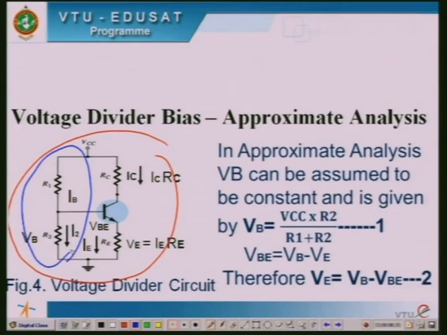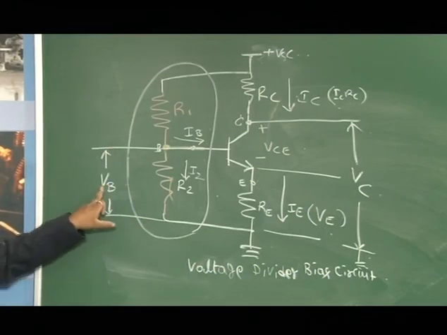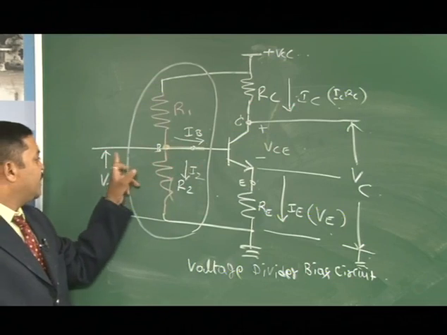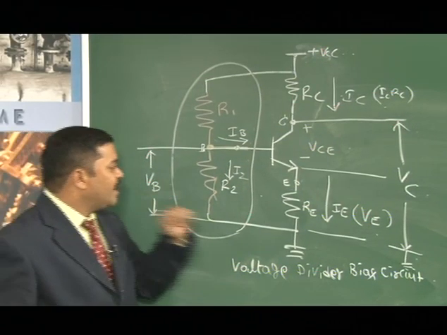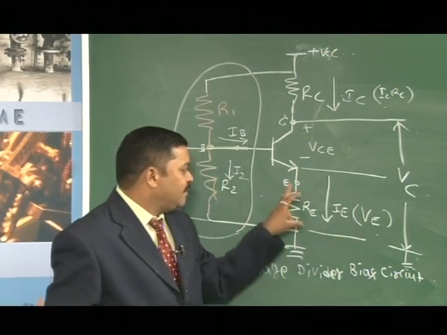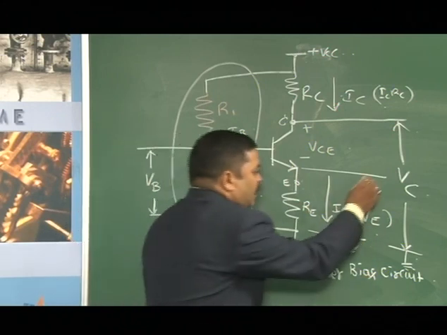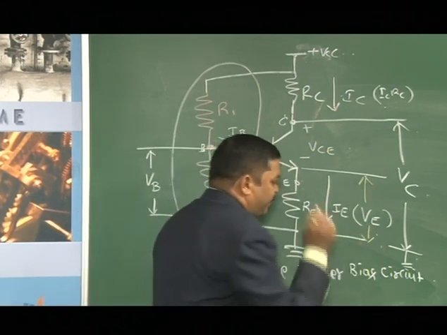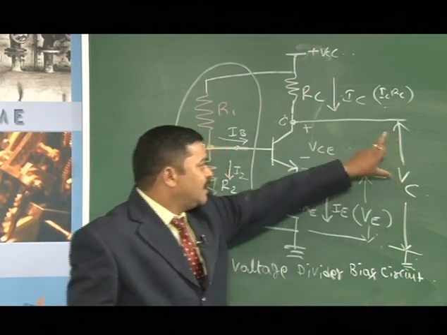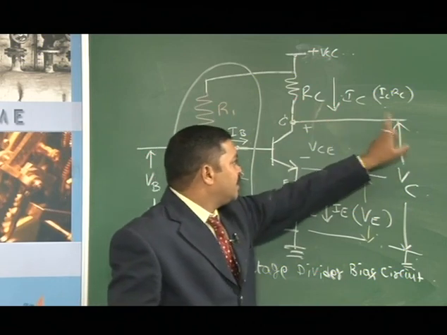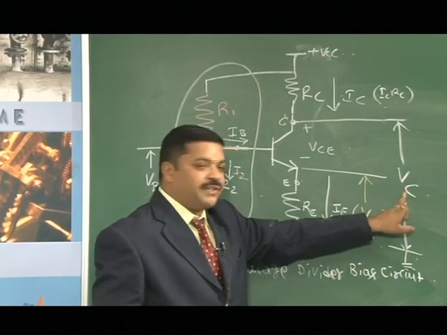In the approximate analysis, we will consider the base voltage with respect to ground as VB. The emitter voltage VE we will be considering from the emitter to the ground, and VC, the collector voltage, we will consider from the collector to the ground, whatever the voltage is there, which we will call VC.